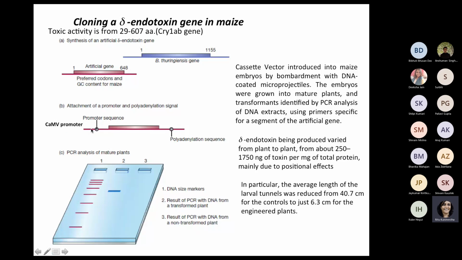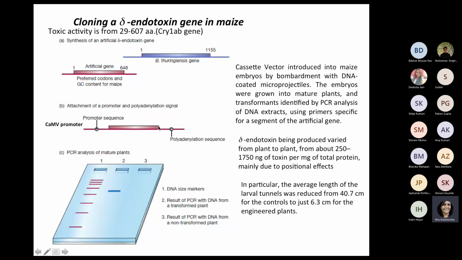I told you that the CaMV, the Cauliflower mosaic virus promoter, is generally used. CaMV is one of the very commonly used promoters in plants, and this gene was cloned downstream of it. Then obviously a polyadenylation signal was also added on the other end.